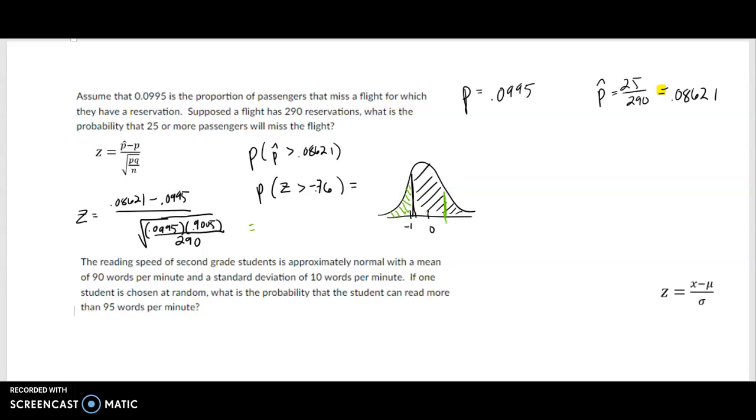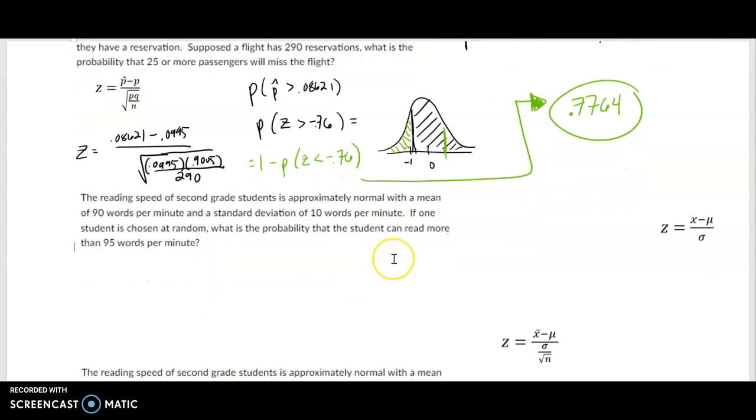Or officially, we do 1 minus the probability that z is less than negative 0.76. From that, you should get a final result of about 0.7764. That's your probability.